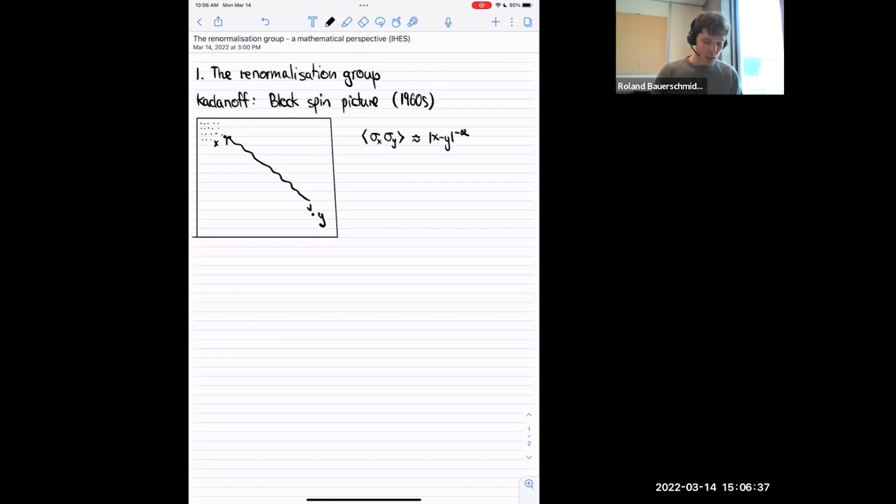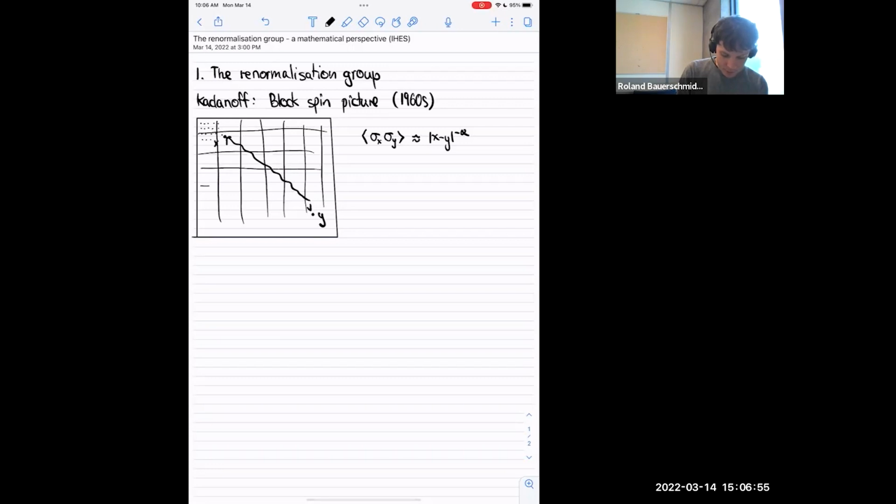Now, what is Kadanoff's block spin picture about? Well, it's the simple idea that one might imagine the whole space as divided into blocks, say like this. And instead of looking at the interaction of individual spins in this case, the idea is that one takes some kind of average of spins over a block.